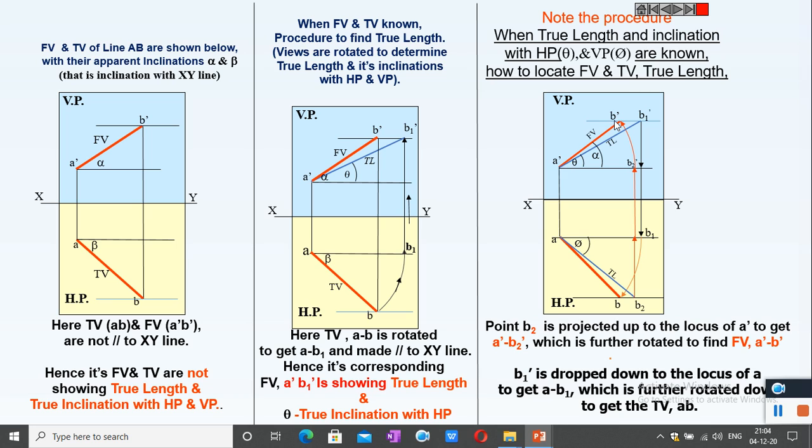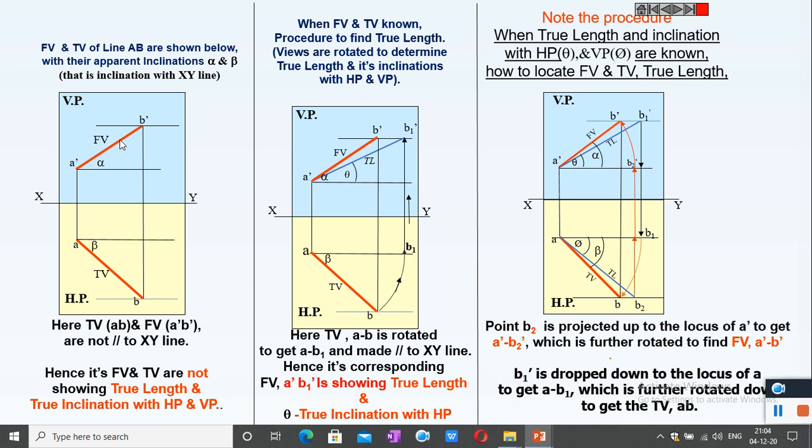For A dash B dash and AB, it's the top view. This A dash and A will be on a straight line, and B dash and B also will be on a straight line. This is the method of drawing the projections of lines.